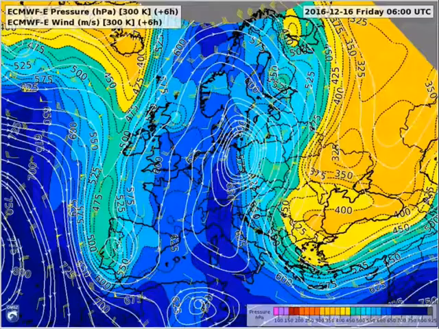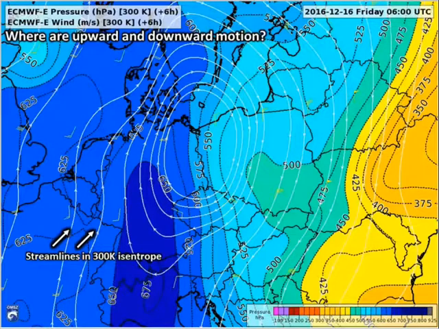It's the European view, but if we zoom into Central Europe, it may be much easier to see the streamlines along the pressure values. Please put your sign where you guess there are upward motion and downward motion in this isentropic map.